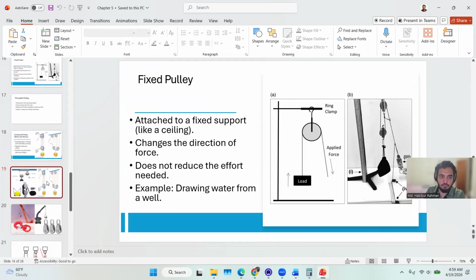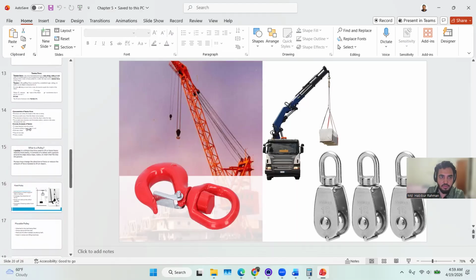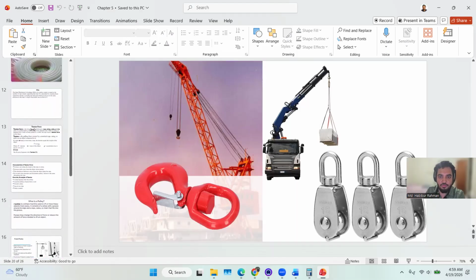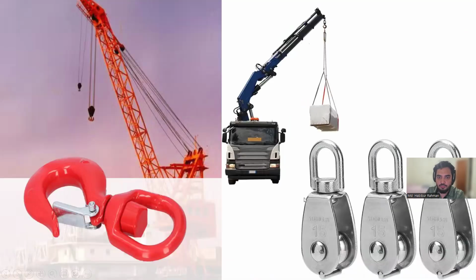There is a pulley here. Okay, I'll search on Google actually. Here's some pulleys. Let me show you. Here is the pulley. See, here is the pulley. Here is the pulley. Here is the pulley.